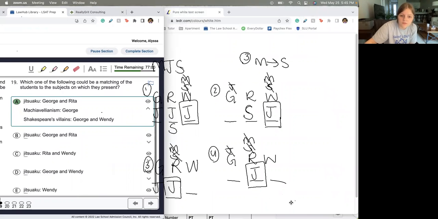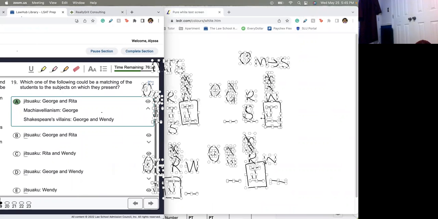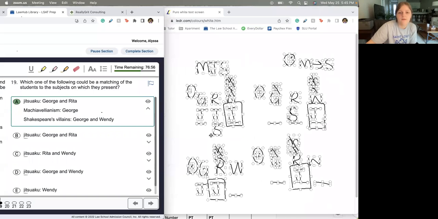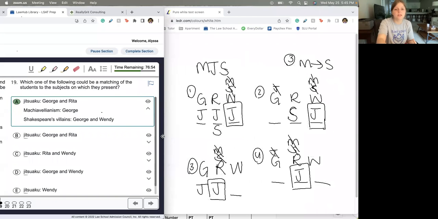And I can move this stuff. This is the part where, if you were stuck between answer choices or if you're not 100% confident in your diagram, we should be able to find answer choice A within our diagram. Our diagrams are set up a little bit differently, which is totally fine. Even though we have it set up differently, we should still be able to find the answer choice.